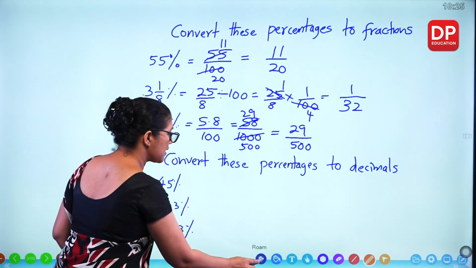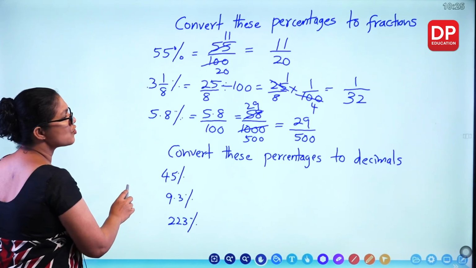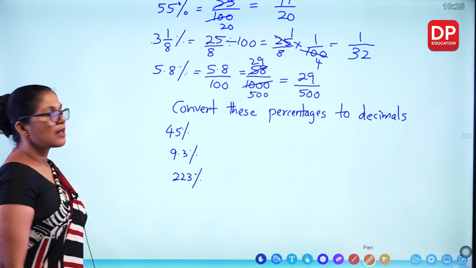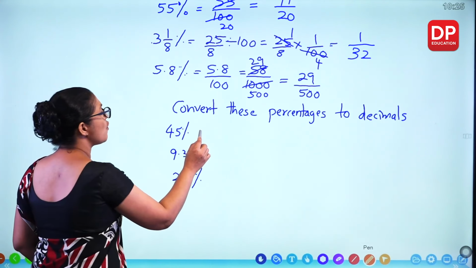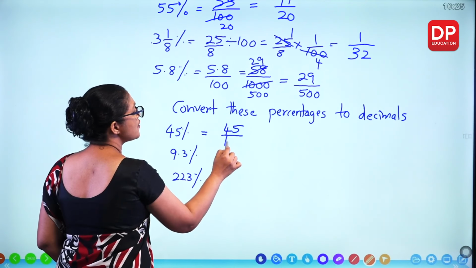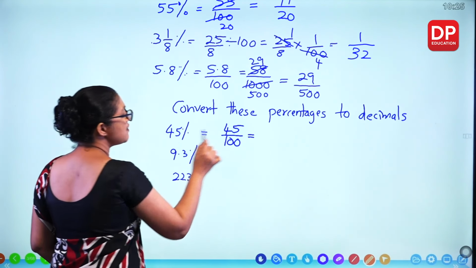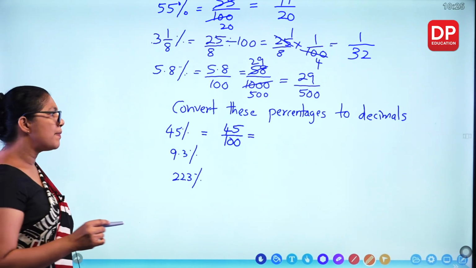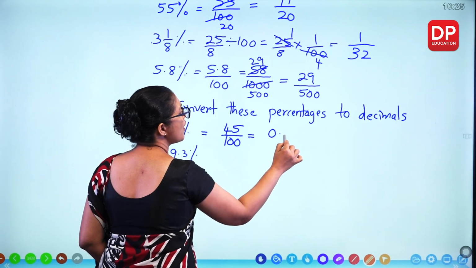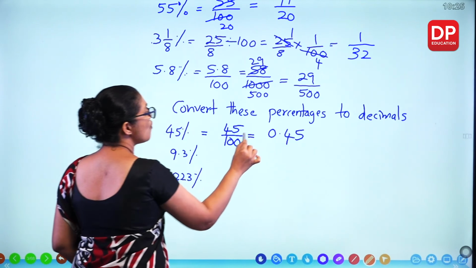Now we'll take these percentages to decimals. 45%. So what does 45% mean? 45 over 100. How can we divide by 100? Move decimal place 2 places to the left. 0.45.